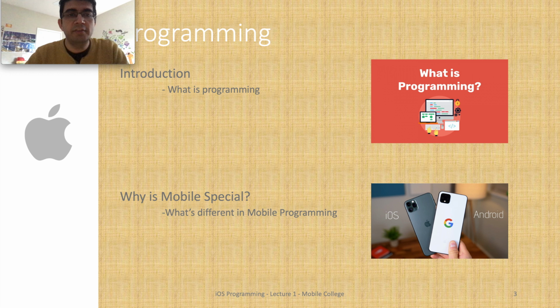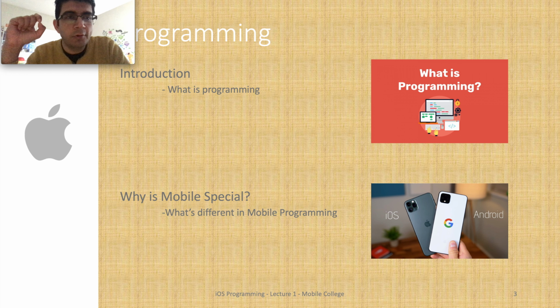Now, one thing which conceptually I want you to think of when you think about mobile programming is that mobile programming is a bunch of software which is running on the client machine, and that's a big difference. This is software which is running on the user's phone.